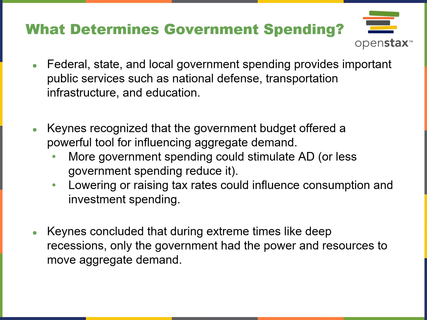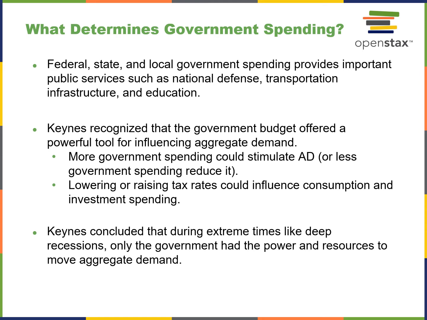More government spending could stimulate aggregate demand, or less government spending could reduce it. Lowering or raising taxes had a similar effect. It could influence consumption or investment spending, meaning that with lower taxes, people are incentivized to spend more money, and when taxes are raised, people tend to save more.